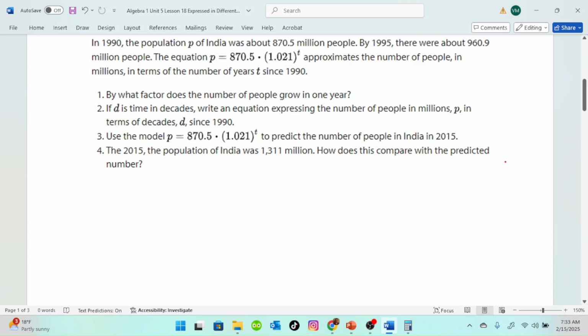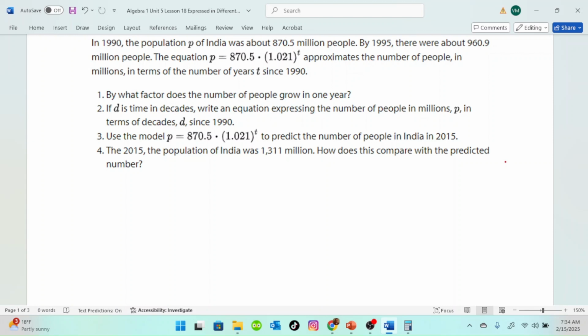Our next practice problem says that in 1990, the population P of India was about 870.5 million people. By 1995, there were about 960.9 million people.